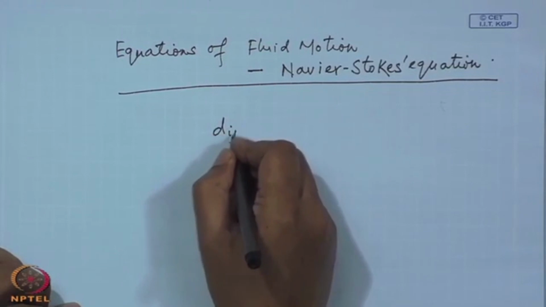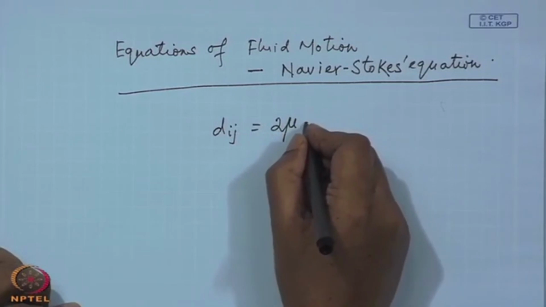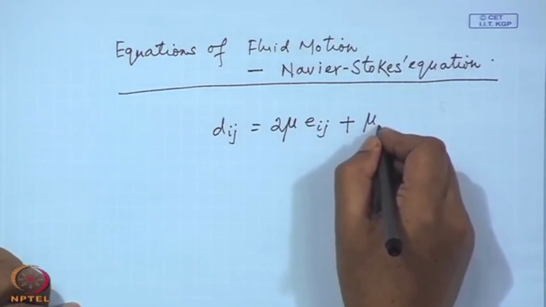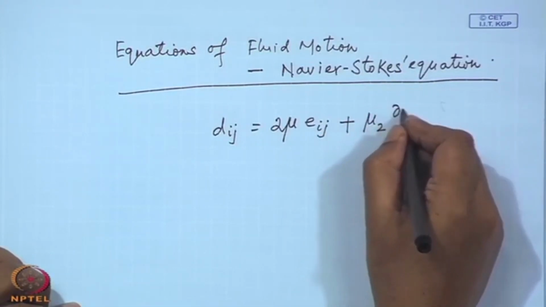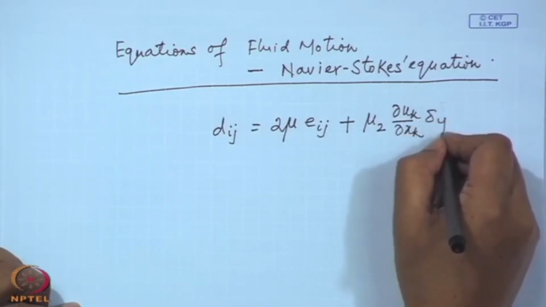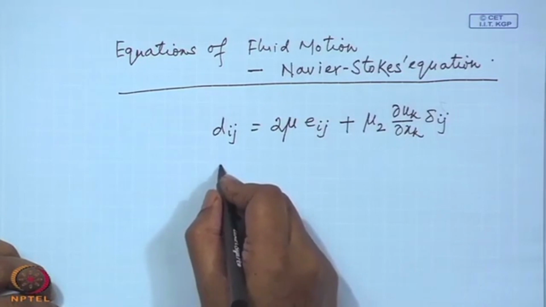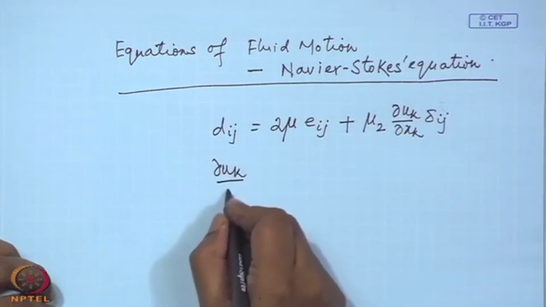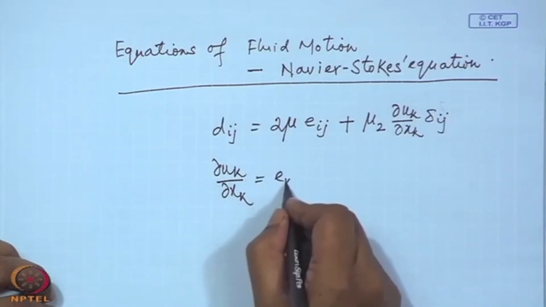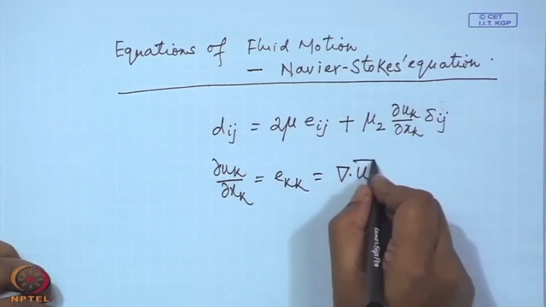D_ij was 2 mu E_ij plus mu_2 du_k/dx_k delta_ij, and this du_k/dx_k, as you know, is the rate of expansion or dilatation, and in the conventional vector notation can be written as the divergence of the velocity.